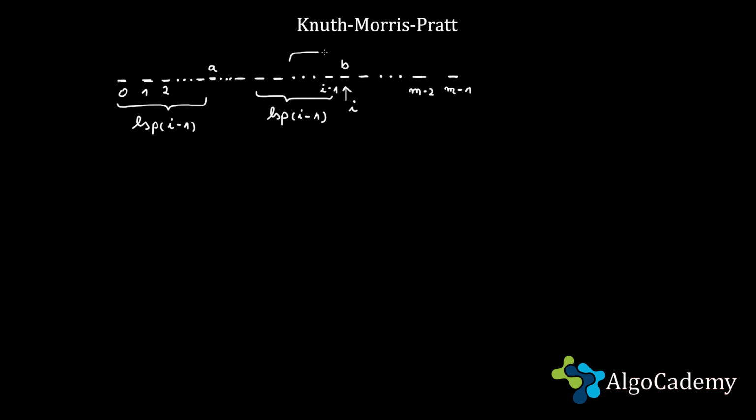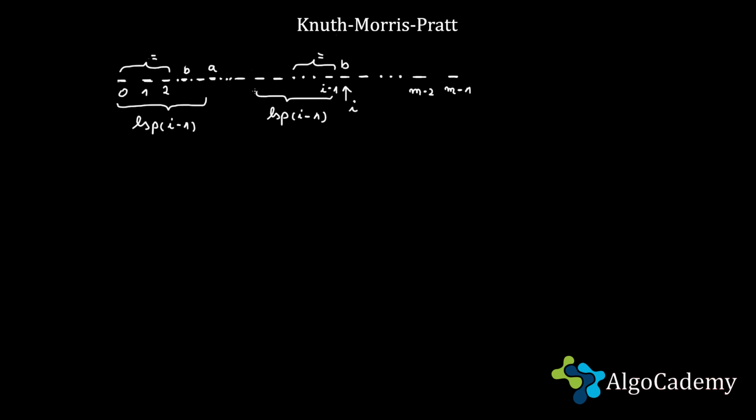Let's suppose this is LSP of I. This one, which is also a prefix here. So these two have length LSP of I. This means that the last character of this prefix is a B, so this should be a B, and also these two substrings, this one without the B and also this one without the B, should be equal.